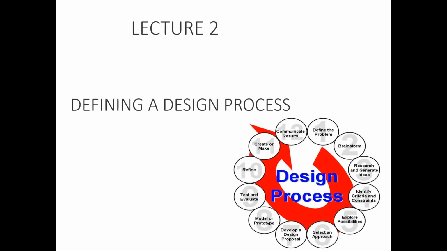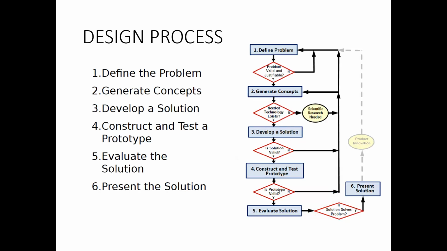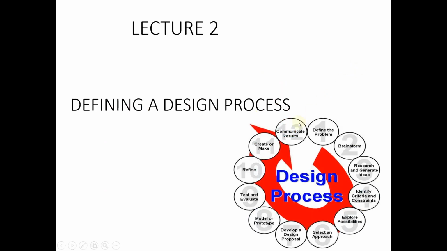So in today's lecture, we will be learning in detail about the design process. So we are going to define our design process. The design process is actually, as shown in this figure, a 12-step process.